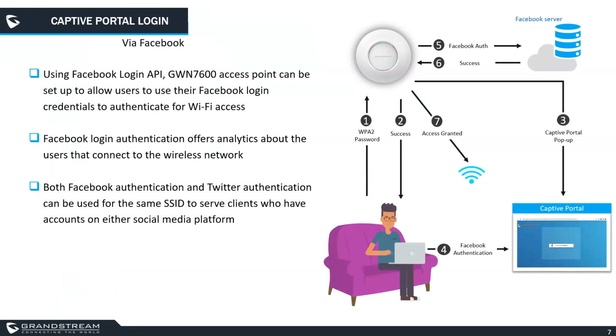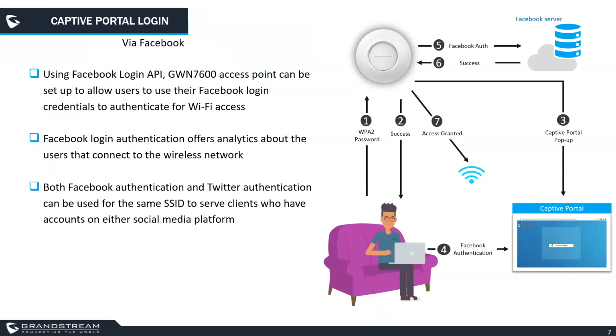So to configure Facebook authentication on the access point using the captive portal, you will need to have a Facebook account, and then you go to Facebook development so you can create a new app. And when you create that app, it's going to give you an ID and the password associated with that ID, and that's something that you have to configure on the GWN.